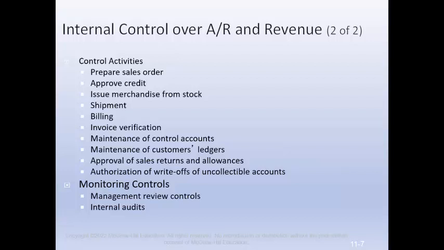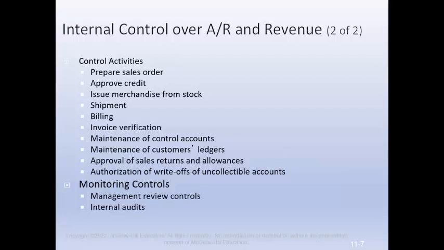Usually, internal control over credit sales is strengthened by a division of duties so that different departments or individuals are responsible for preparation of the sales order, credit approval, issuance of merchandise from stock, shipment, billing, invoice verification, maintenance of control accounts, maintenance of customers' ledgers, approval of sales returns and allowances, and authorization of write-offs of uncollectible accounts.